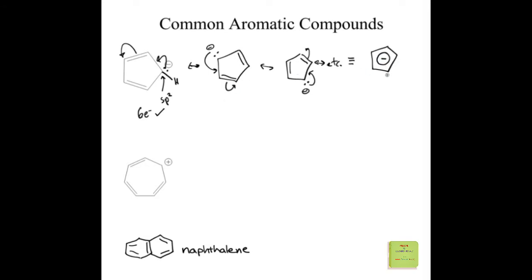This is a very stable anion because it's aromatic. It doesn't just have resonance, it has aromatic resonance. And this is called the cyclopentadienyl anion. The cyclopentadienyl anion is a fairly easy anion to make, even though it's a carbanion. This is a very, very stable negative charge.